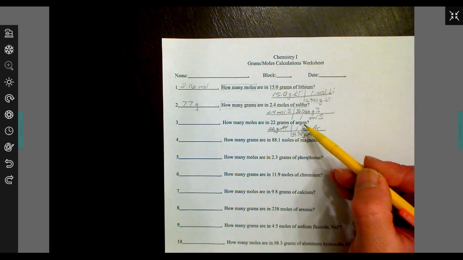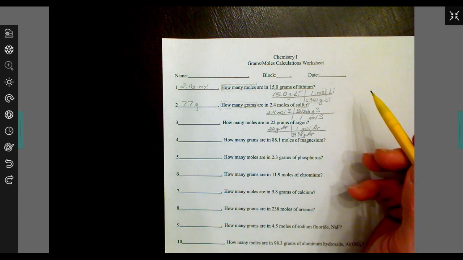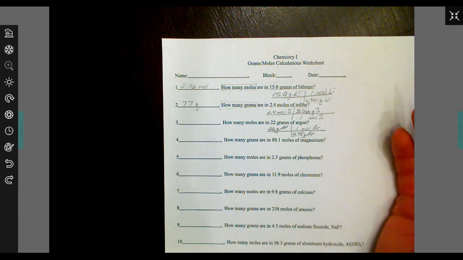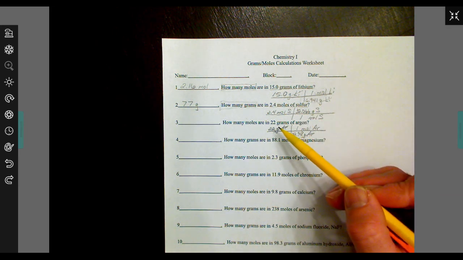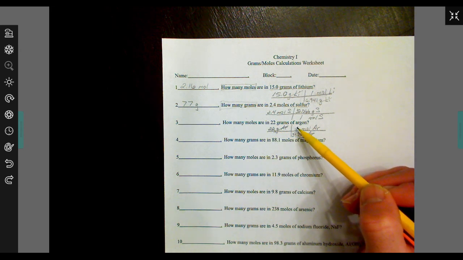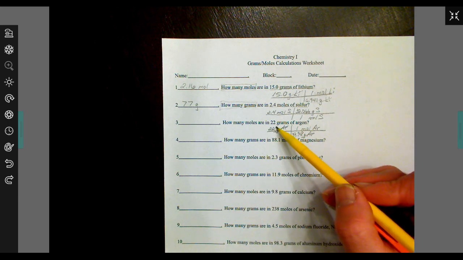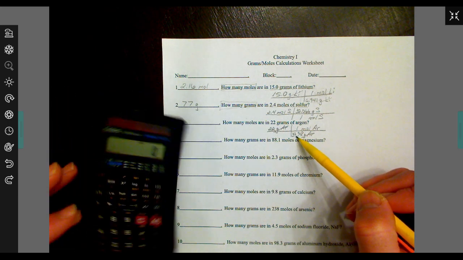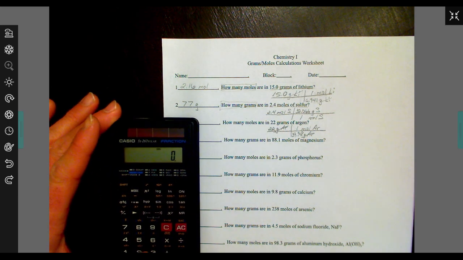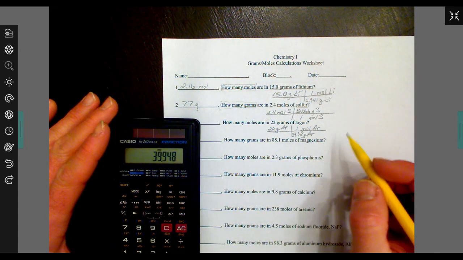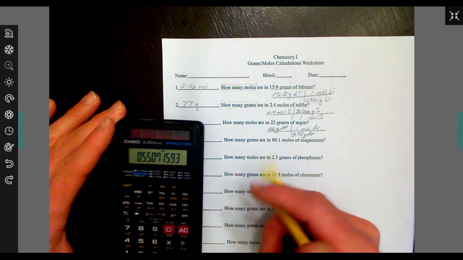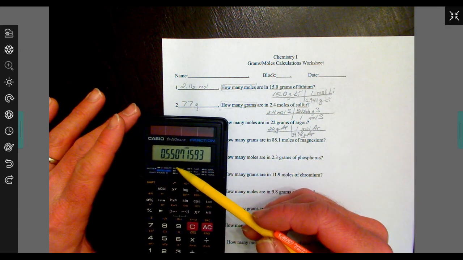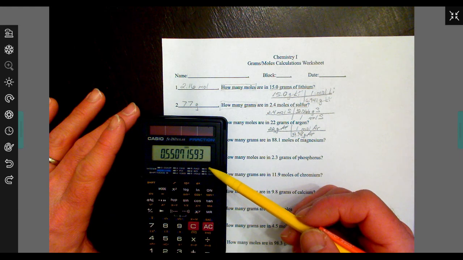So now, am I multiplying or am I dividing for the most part? I'm going to divide. I multiply what's on the top, but I can do that in my head, 22 times 1. So then I just need to ask my calculator, what is 22 divided by 39.948? That equals 0.55 and change.